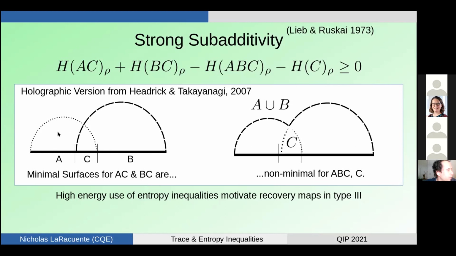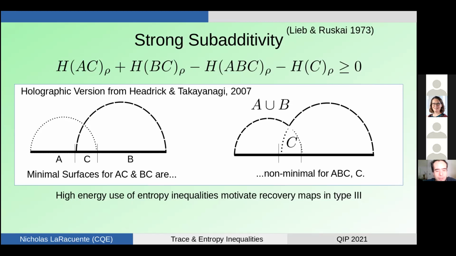And we could reinterpret these shapes as corresponding to the union and intersection. And note that the minimal surfaces for these, if you sort of reinterpret them as the union and intersection, are actually not minimal surfaces. These are no longer geodesics. And so that's one way of sort of imagining the strong subadditivity. It's comparing two overlapping subsystems to their union and intersection and showing this entropy inequality.